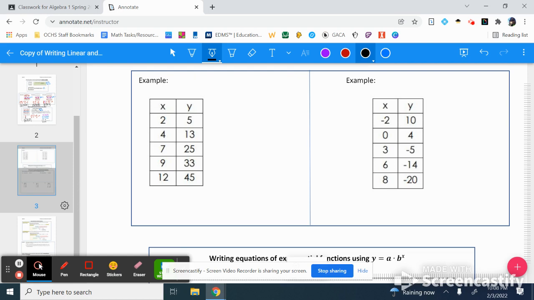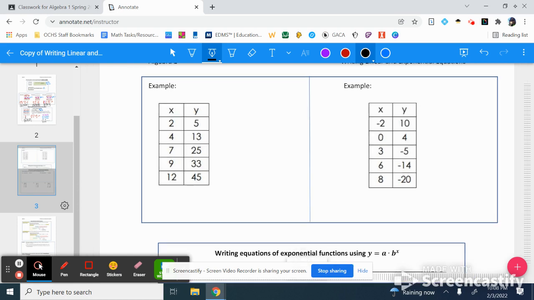Okay, let's look at this example. I notice that I do not have any x values here that are equal to 0. So what I need to do is start by finding the slope. So I'm just going to use 2, 5, and 4, 13 to find my slope.